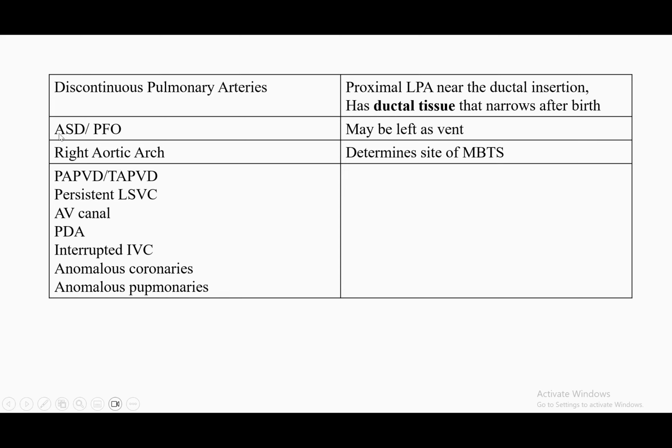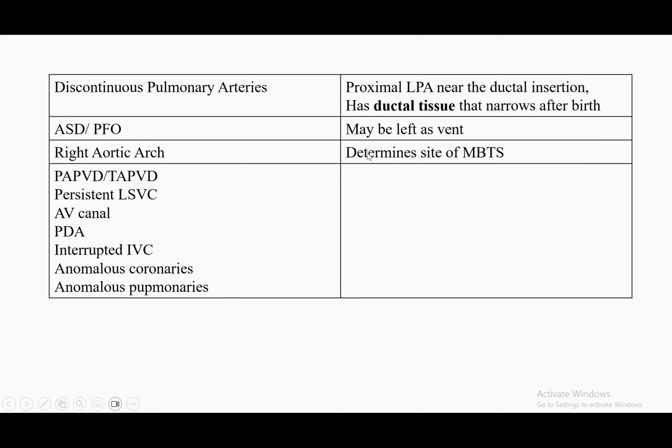We have also ASD and PFO. Sometimes they are left to vent a right-sided high pressure. If the pulmonary valve repair is difficult and a significant residual stenosis is expected, we may need to leave a vent.